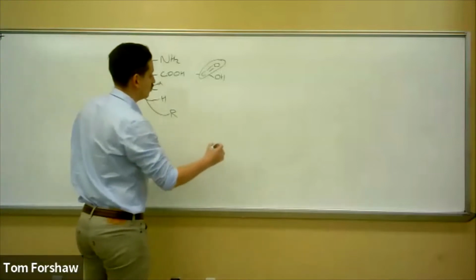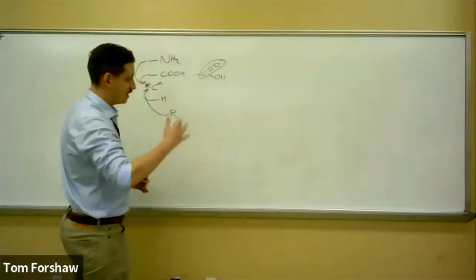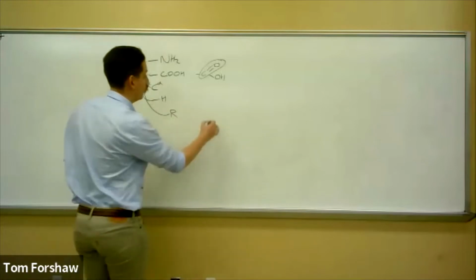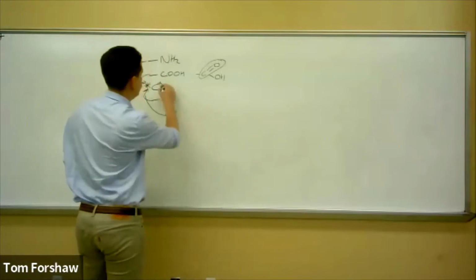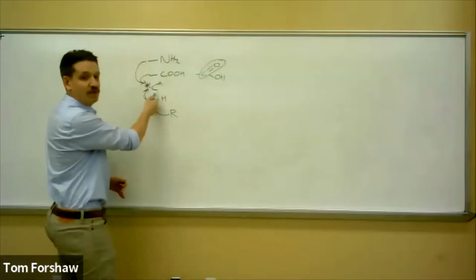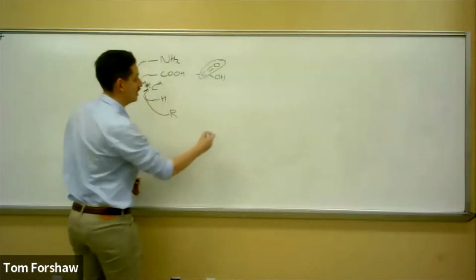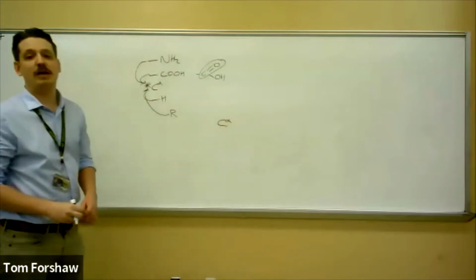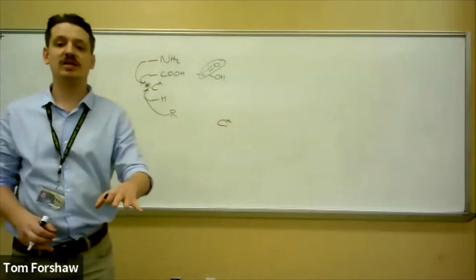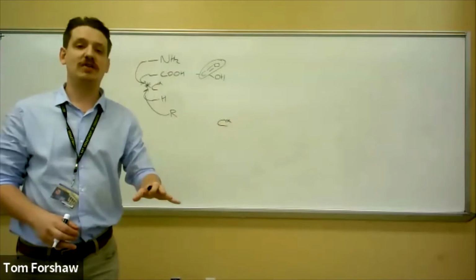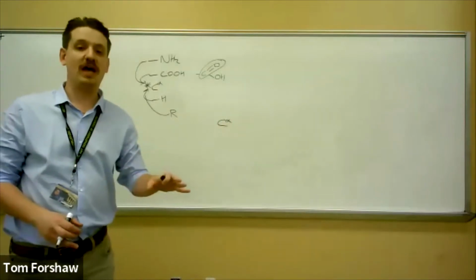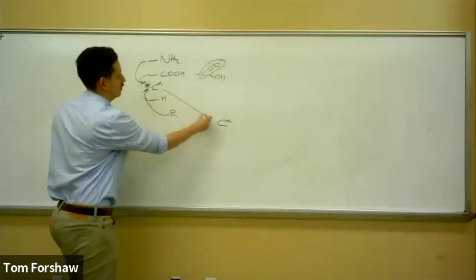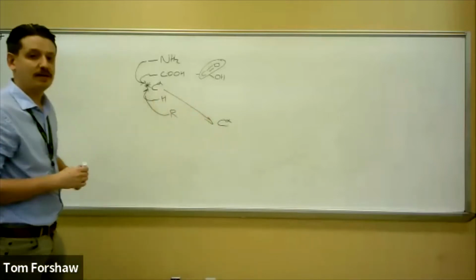So the way that I like to draw it, or let's take it back even more. So let's start off. I said this carbon here, this alpha carbon, is the central carbon. So let's draw that one in first. I'm just going to put a little alpha there, just so you guys can recognize it. You don't generally need to draw that, but just so you know, these are the same thing.